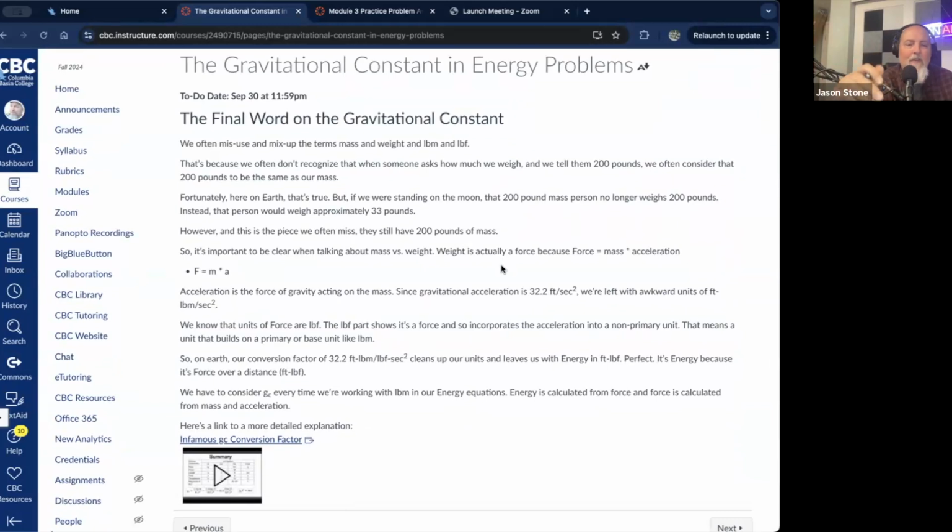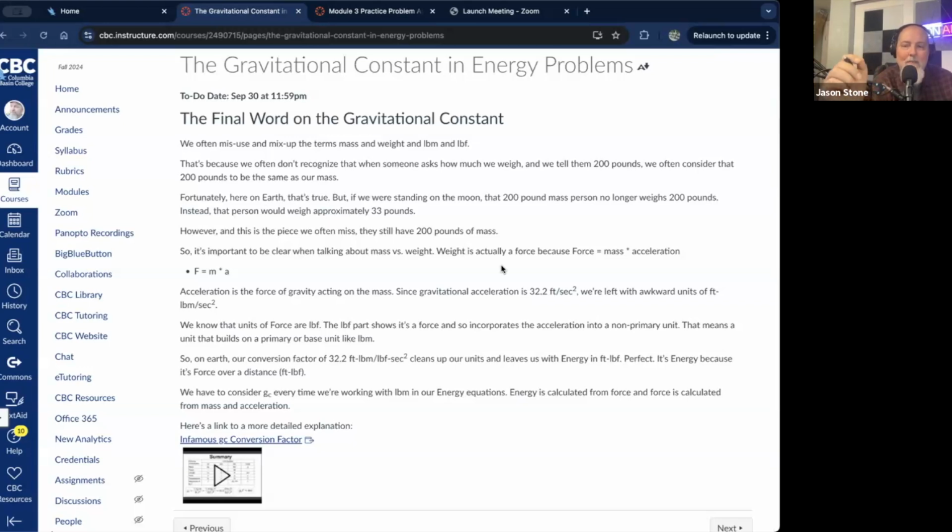But that's because the acceleration due to gravity is 32.2 feet per second squared. If I take 200 pounds of mass to the moon, it's going to have less force because the force due to gravity is less. So that 32.2 is based on Earth's gravitational acceleration.